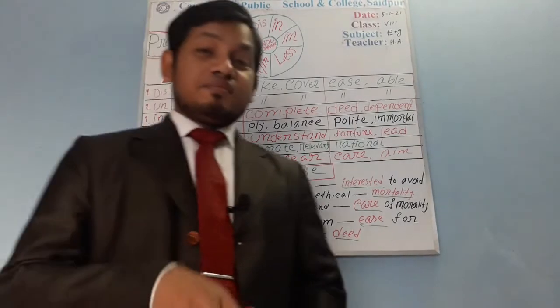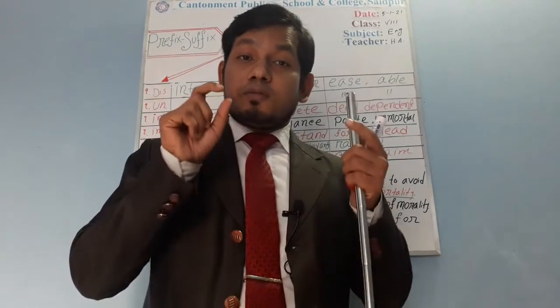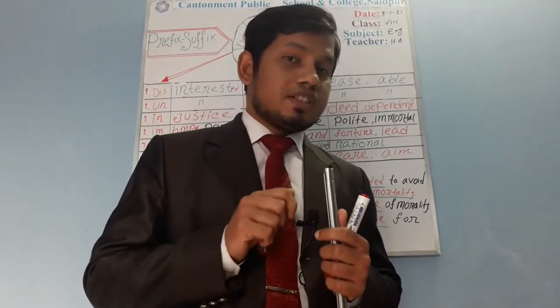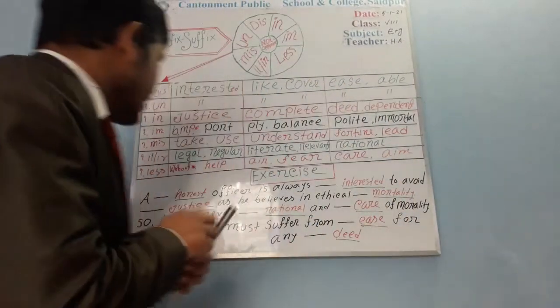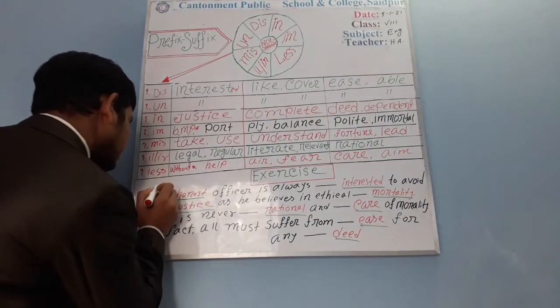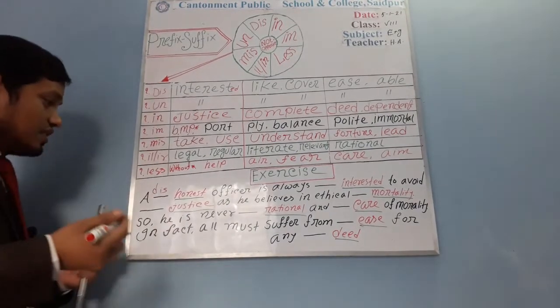Learners, keep in mind, before changing the words and choosing the very perfect and correct prefixes and suffixes, you should go through the whole sentences, right? Here you can see the negative meaning, dishonest, right? That means not honest.